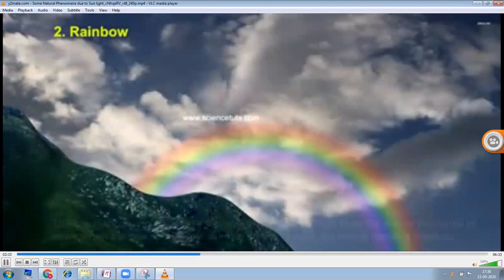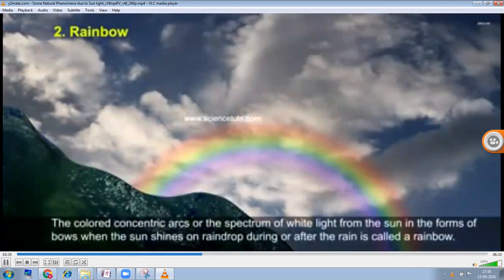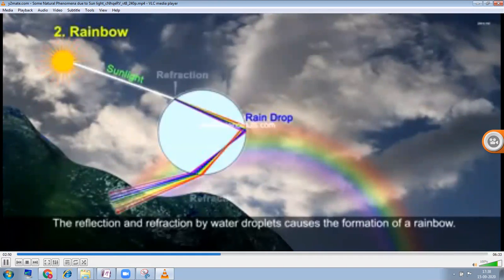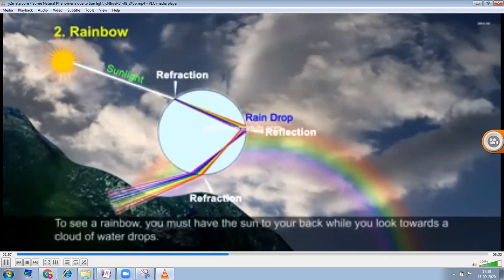2. Rainbow. The colored concentric arcs, or the spectrum of white light from the sun in the forms of bows, when the sun shines on raindrop during or after the rain, is called a rainbow. The reflection and refraction by water droplets causes the formation of a rainbow.